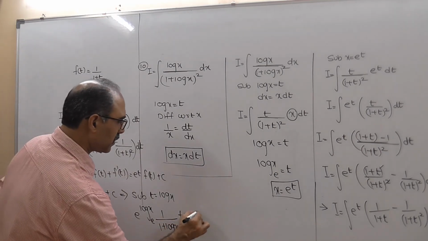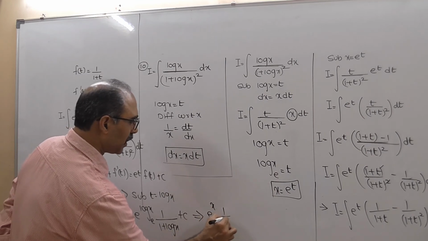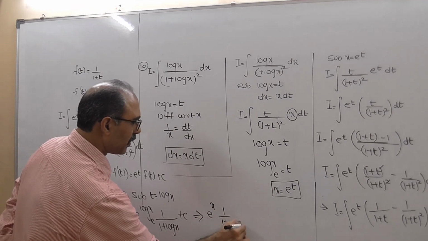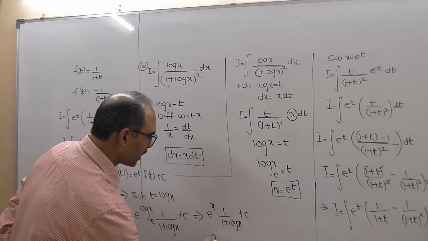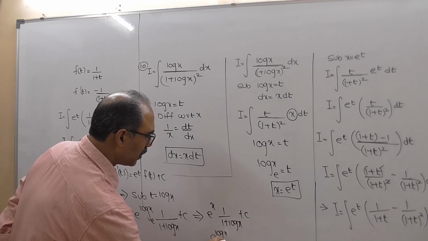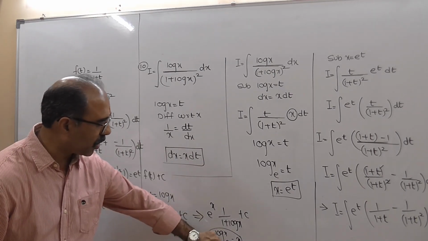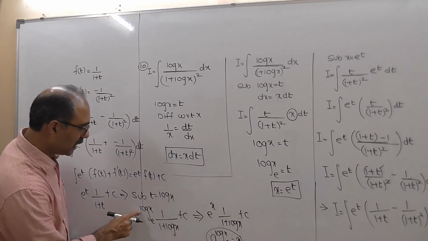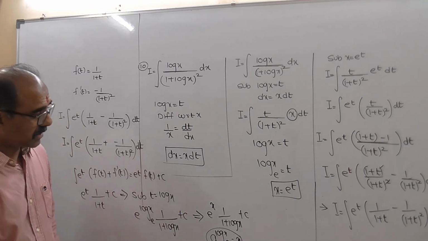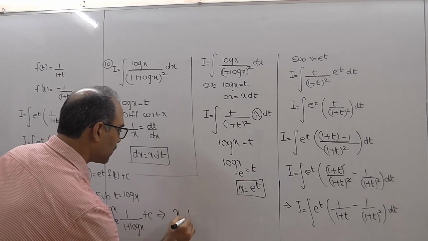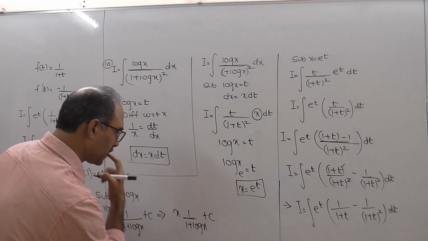So that means I get e raised to x, 1 upon 1 plus log x plus c, because previously I gave you a formula: a to the power log of x to the base a equal to x. So e raised to power log x to the base e, that is x. Please complete. This will be x, 1 upon 1 plus log x plus c.